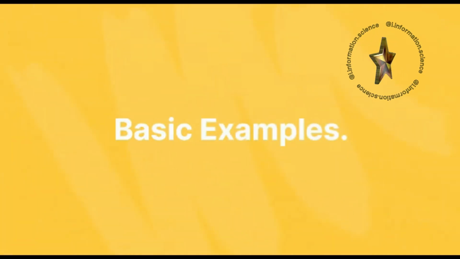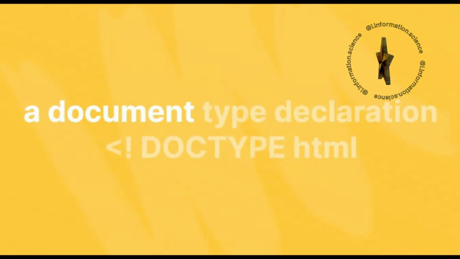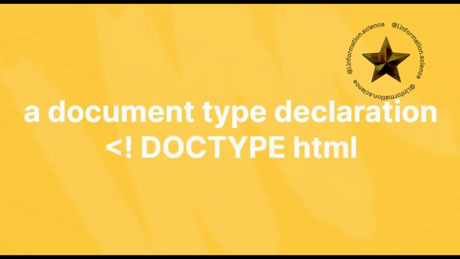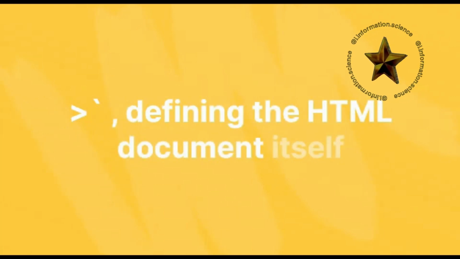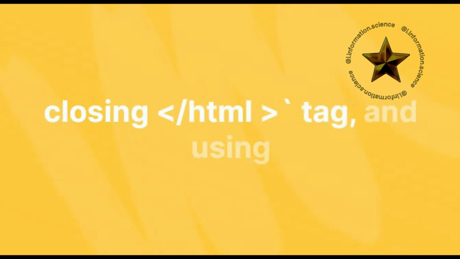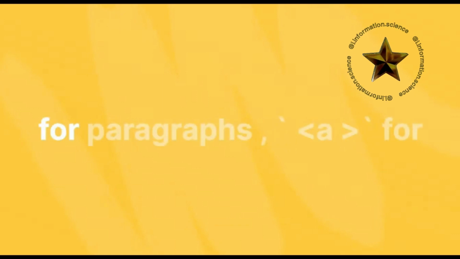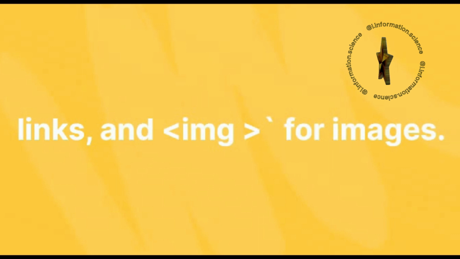Basic examples. Basic HTML examples include starting with a document type declaration, doctype HTML, defining the HTML document itself with opening HTML tag and closing HTML tag, and using tags like H1 to H6 for headings, P for paragraphs, A for links, and IMG for images.